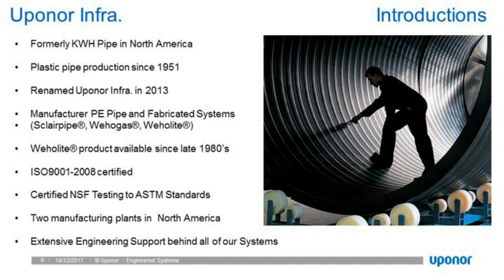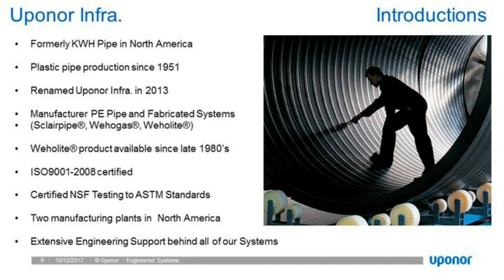Uponor is an ISO 9001 certified manufacturer, and we do have third-party certification that we manufacture to those standards. We have 2 plants in North America that supply the U.S. and Canada. The Weholite pipe we will be discussing today for culvert rehabilitation has been available since the late 1980s.